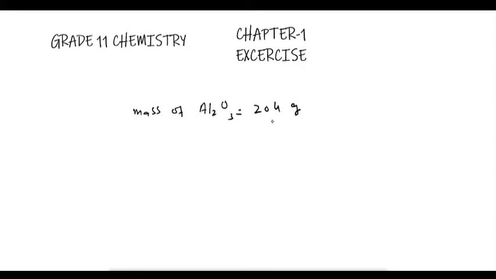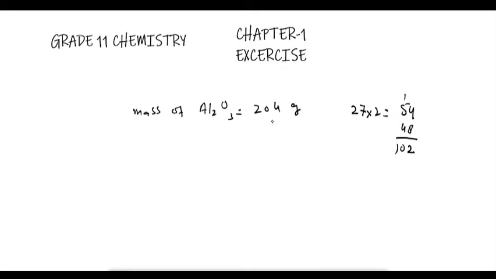For that, we need to calculate the molecular mass of aluminum oxide first. And you know that the atomic mass of aluminum is 27. So 27 multiplied by 2 is equal to 54. And we have 3 oxygens, so 16 multiplied by 3 is equal to 48. So this is equal to 102.